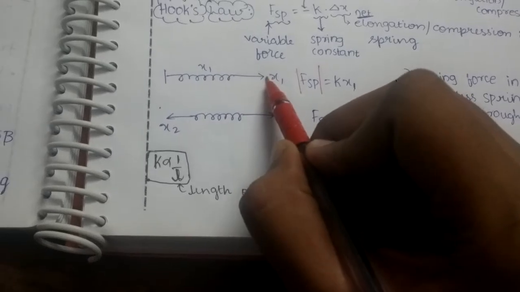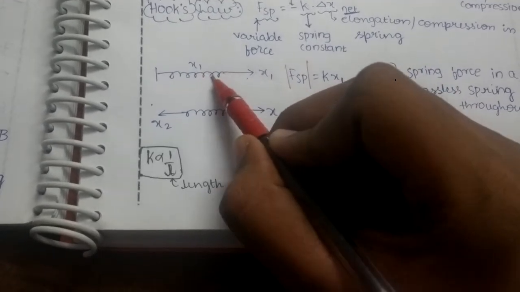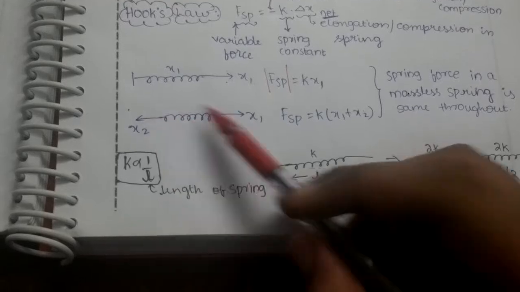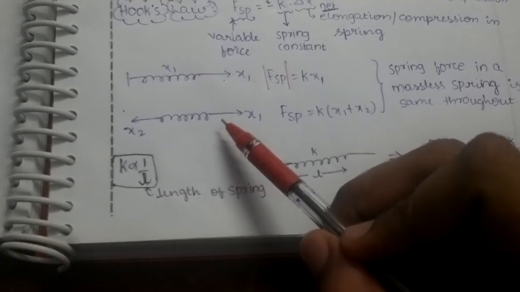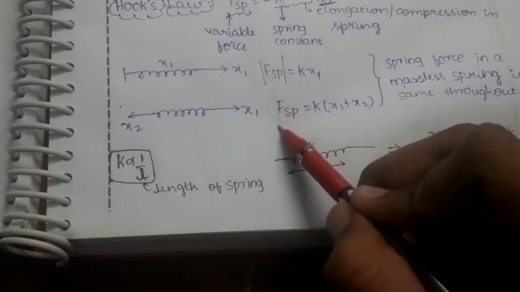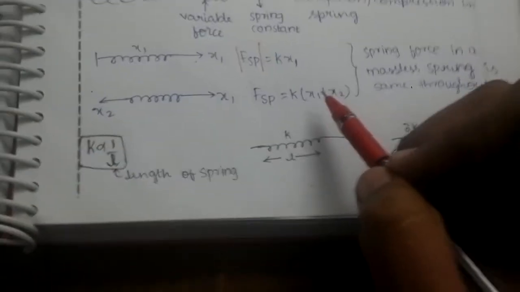Coming to the direction, the force is acting in this direction, so the spring force would be acting opposite to that, that is in this direction. Similarly, if two forces are acting in opposite directions, these two lead to elongation of the spring. That means the magnitude of spring force is equal to K into (x1 plus x2).